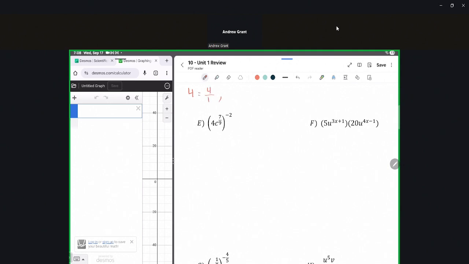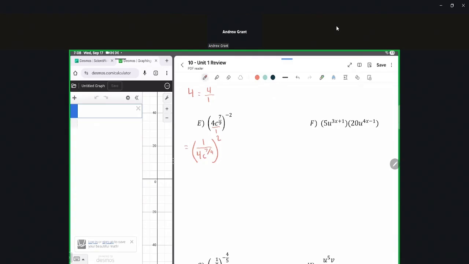And conversely, in this case, if you happen to have 4c to the power of 7 over 9, you can put this over 1. The reason why we want to do that is because then we can apply the reciprocal. And so we'll end up with 1 over top of 4c to the power of 7/9, all to the power of 2.